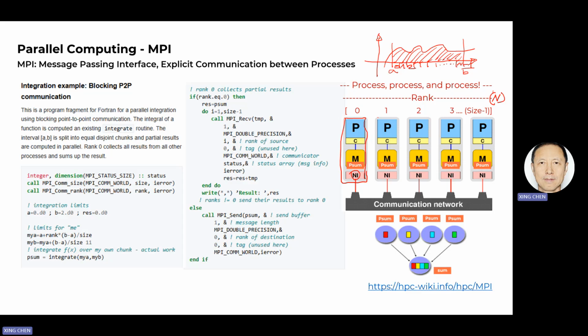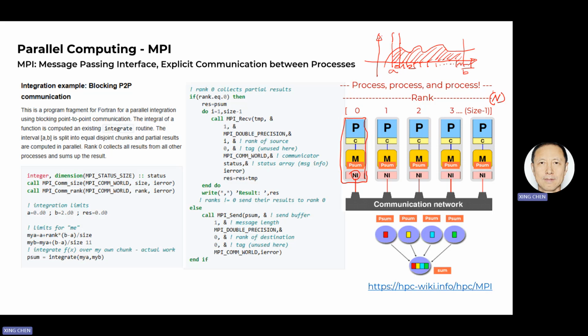And then for node 1, node 2, node 3, it is the same thing. All the nodes are connected to the network. Okay, this is the network. Basically, if node 0 is going to work on this piece of workload, it is going to calculate its integration.